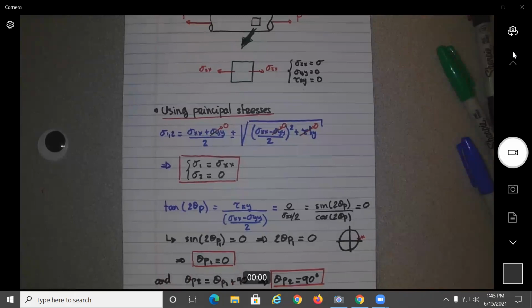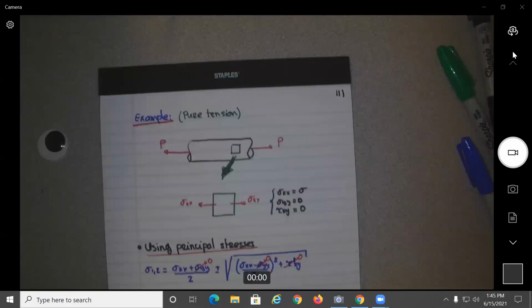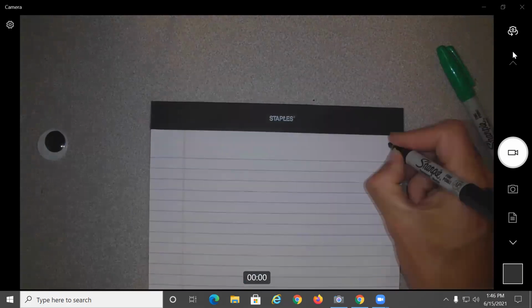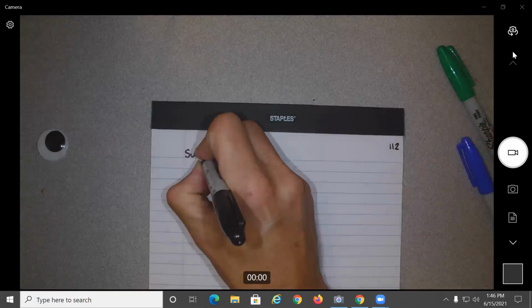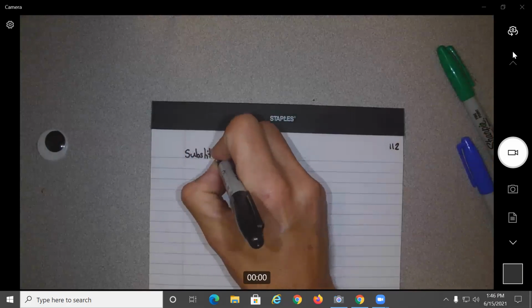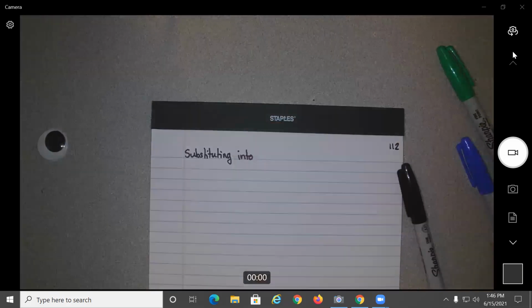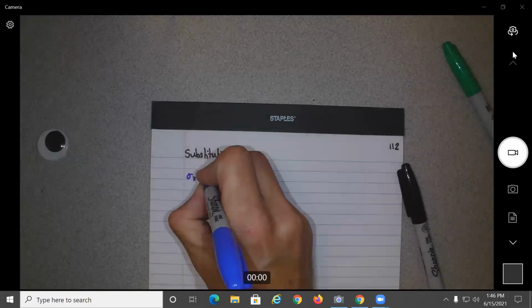Okay, so as before, we need to substitute into the equation for normal stress, which would be the same thing as doing the Mohr circle. So substituting into, again, this equation. I think by now we should know them by heart.